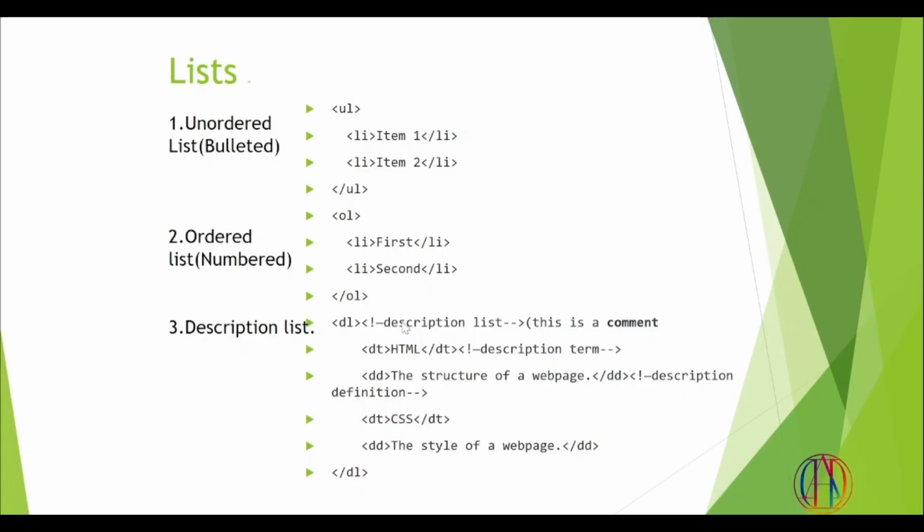Description list is somewhat quite different from the ordered and unordered list. For a description list, you start with the start tag being DL, the closing tag being DL. Remember, for end tags, we have the forward slash. Within the start tag and end tag for the description list, we have the description term element.